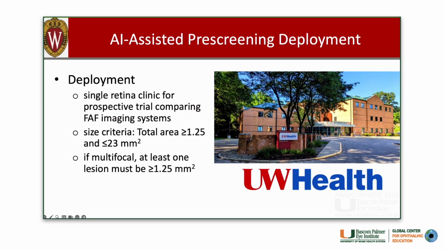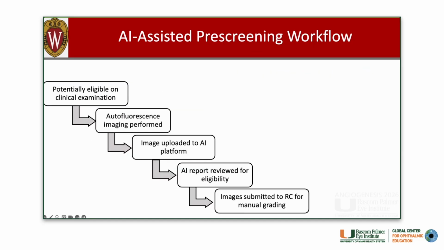In this case, we are conducting an imaging trial. This is a single site study, a prospective trial comparing FAF imaging systems. In this trial, we do have specific size criteria that's a bit broader than most clinical trials and includes multifocal lesions. Here's the workflow for the AI-assisted pre-screening.